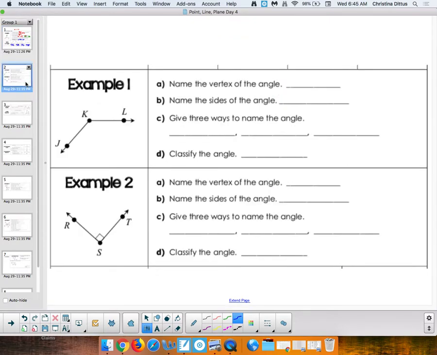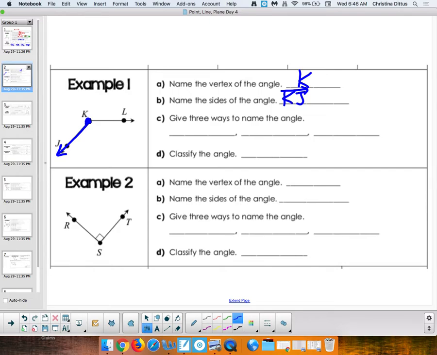In this case, the vertex of the angle where my two rays meet is right here at K, point K. The sides are always rays, okay? They start at K and this one goes on to J. So we start at K, go on to J, and then we make this little one-sided line thing.